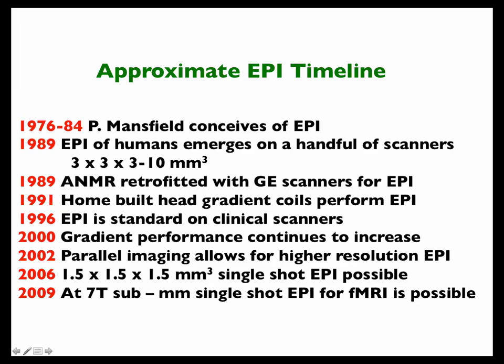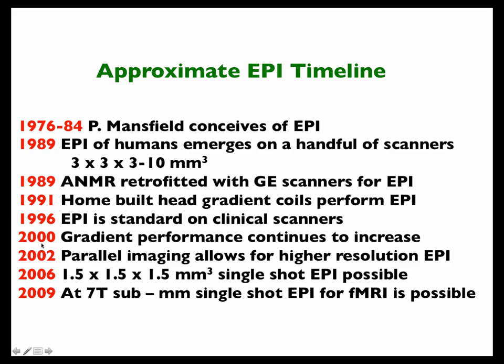Okay, so this is an approximate timeline of the evolution of echoplanar imaging, from when Mansfield conceived of it, before the hardware was available to do it, all the way to '96, when it became somewhat standard on clinical scanners. Luckily, there were enough clinical applications to drive the development of echoplanar on clinical scanners.